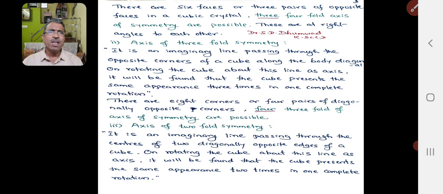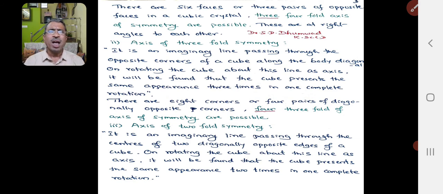In this 3-fold axis, the corners of a cube are considered. A line is passed through opposite corners. There are 8 corners, so we have 4 3-fold axes of symmetry possible. This is what is written.